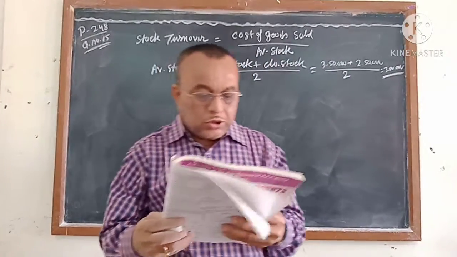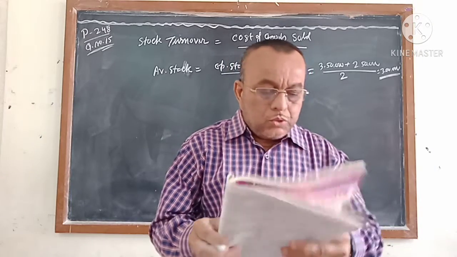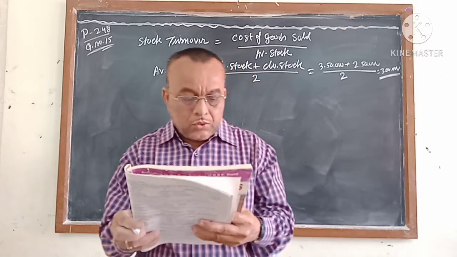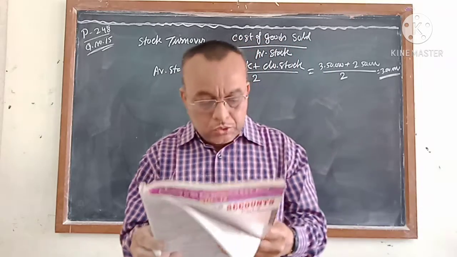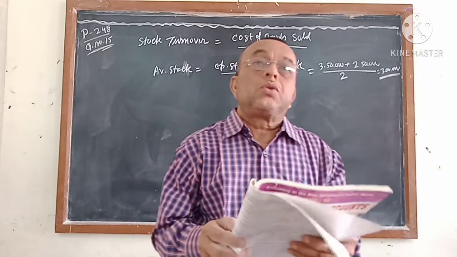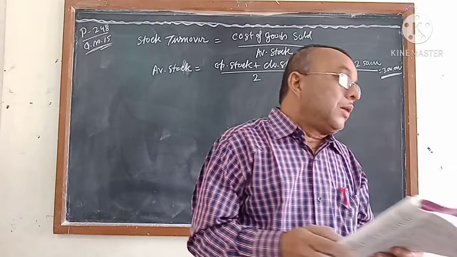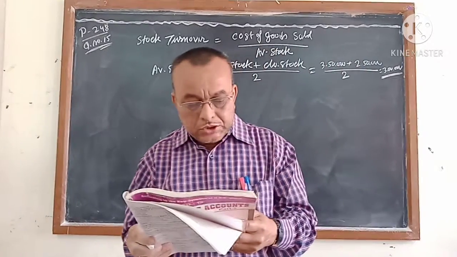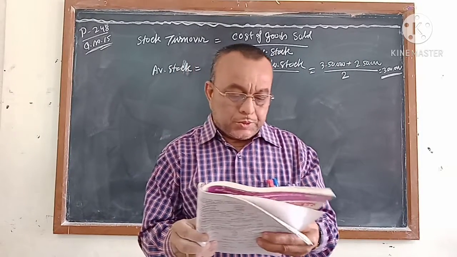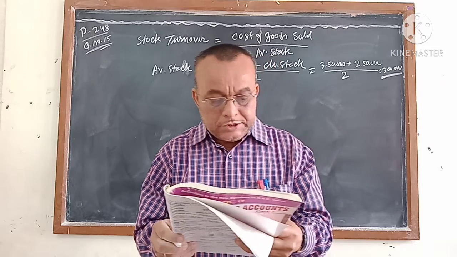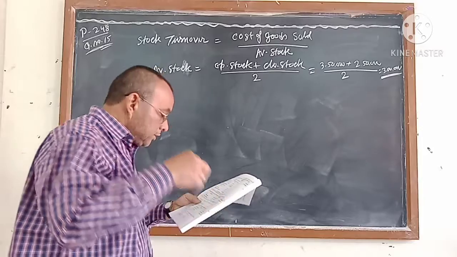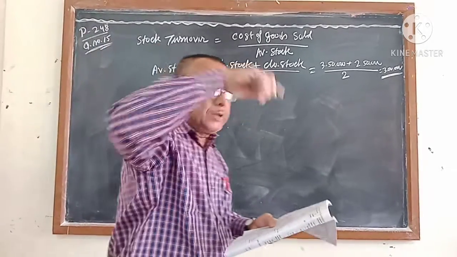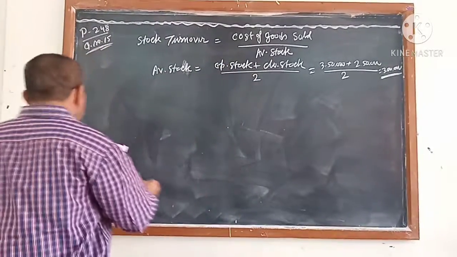Next point, you have to find out the cost of goods sold. Here only one formula we have to apply, that is sales minus gross profit. Because sales is given and gross profit is also given. Gross profit is given 30%, but 30% of your sales.